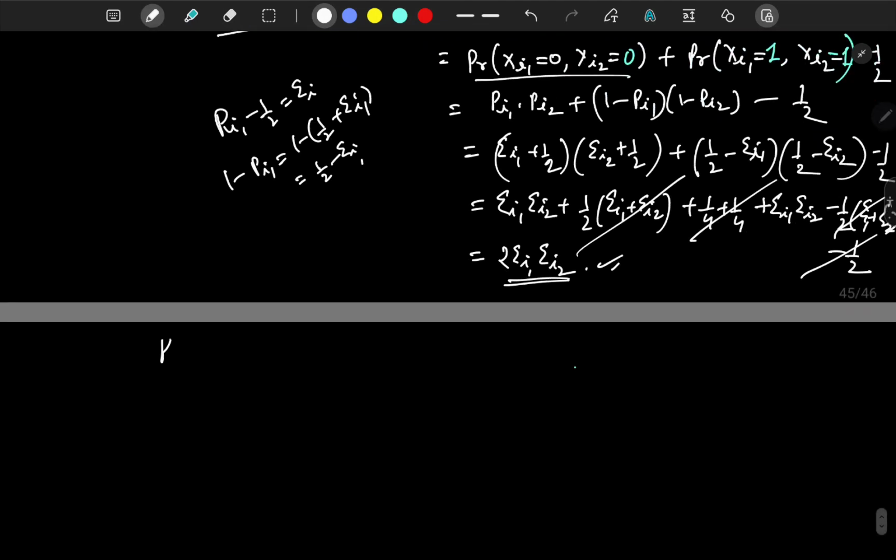Now we will assume that the statement is true for some k, where k is greater than 2.